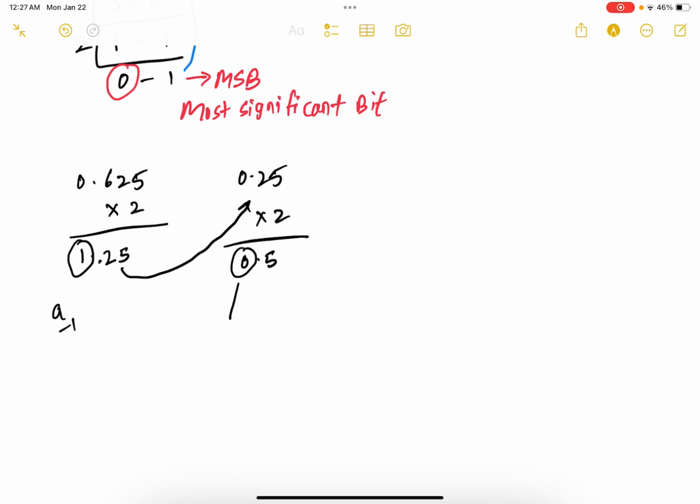So this one would be a minus 2, and then you take 0.5 and you multiply it by 2, you would get 1.0, and this one would be a minus 3.